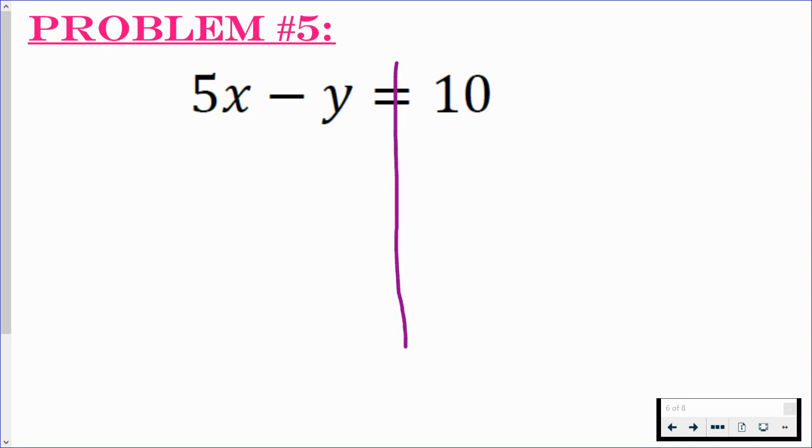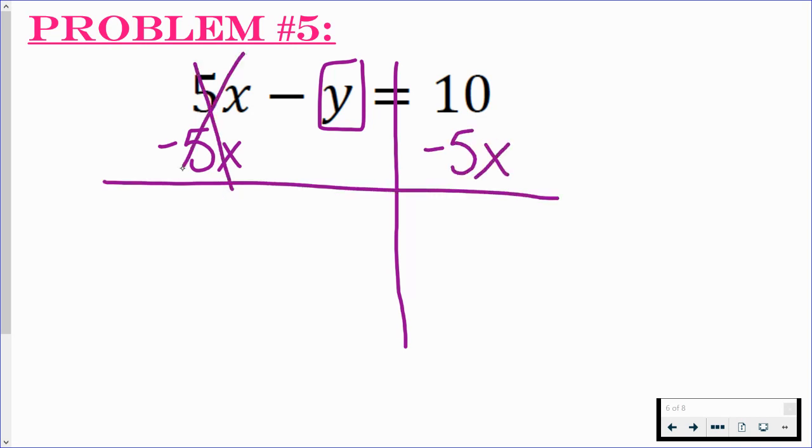Okay. Again, I want my y by itself. I do have an x term on that side. It's a positive 5x, so I'm going to move 5x. Now, be careful. This is a negative y, which is like a negative 1.